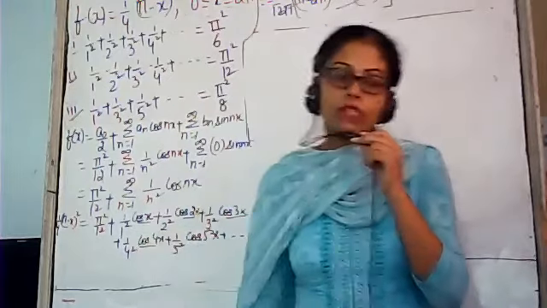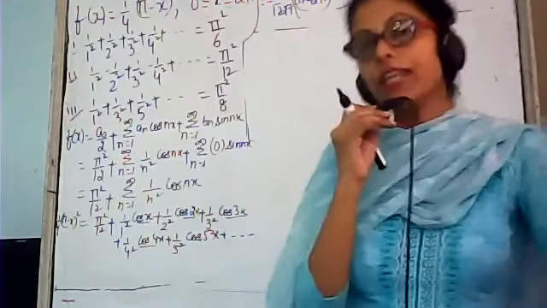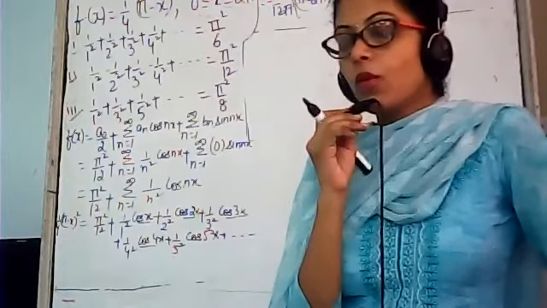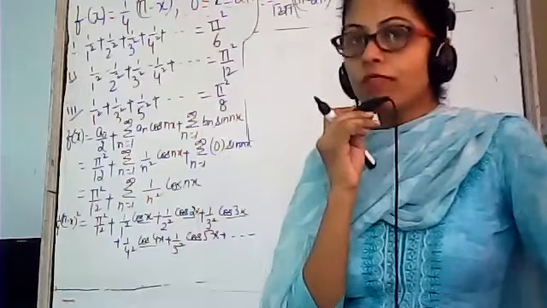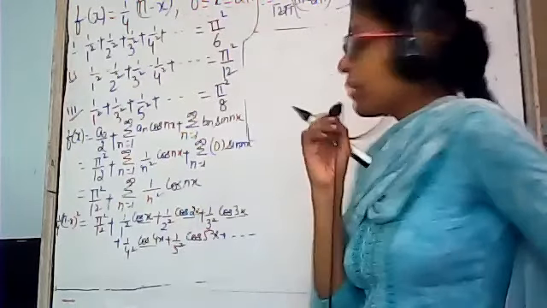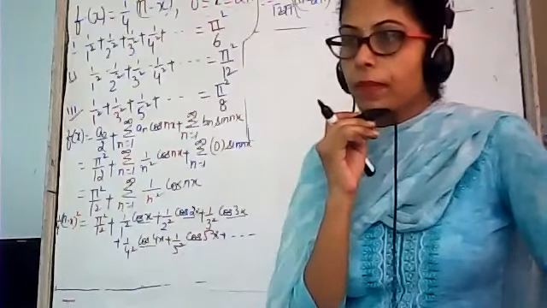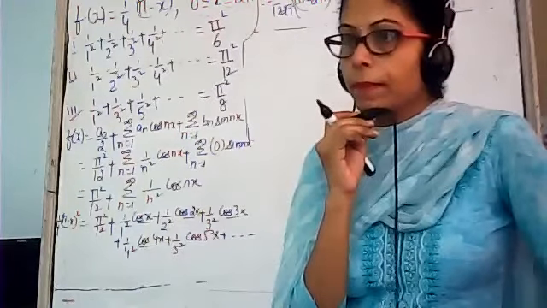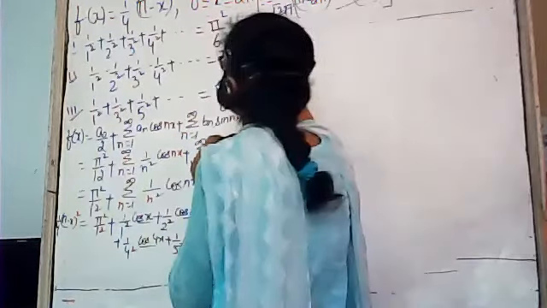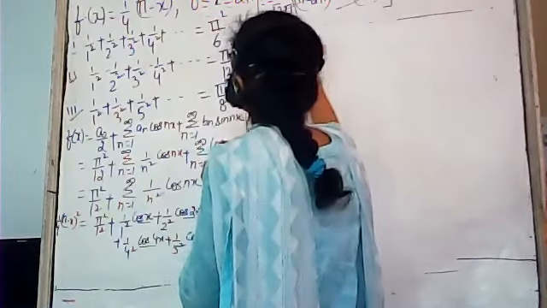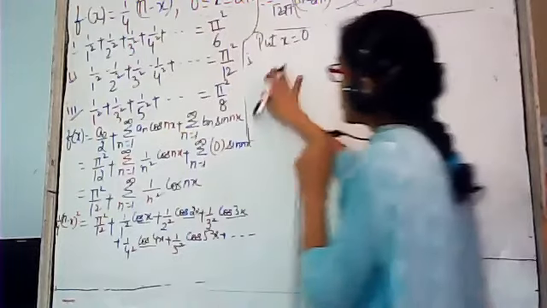We don't want cos terms. How can we eliminate cos? What can be substituted for x so that it becomes 1? X equals to 0. Very good. Put x is equal to 0.